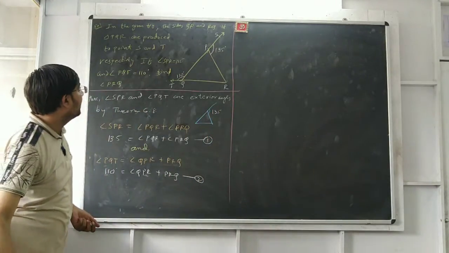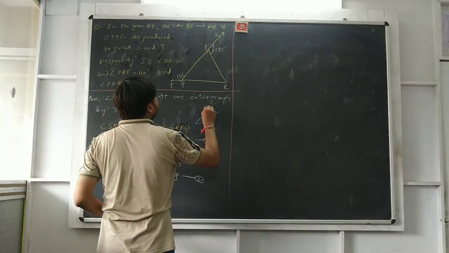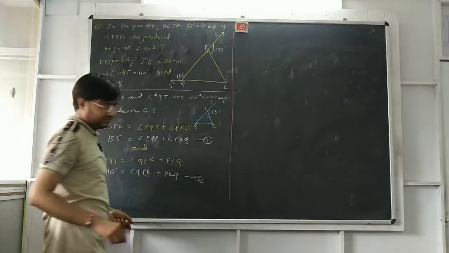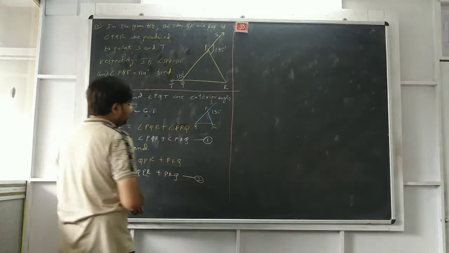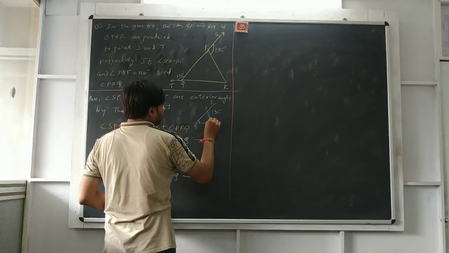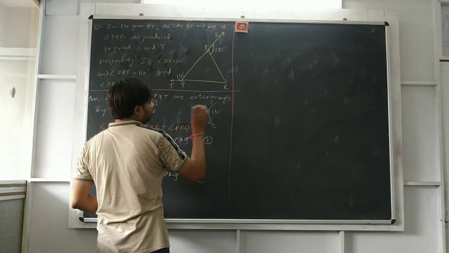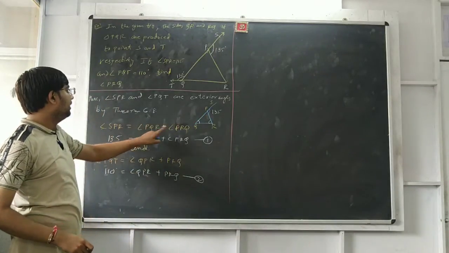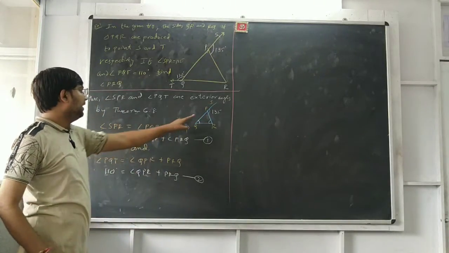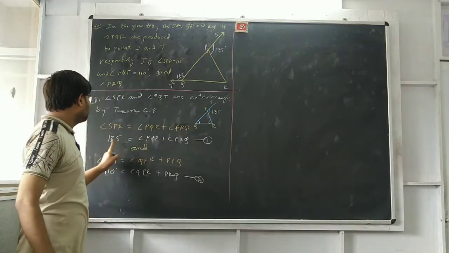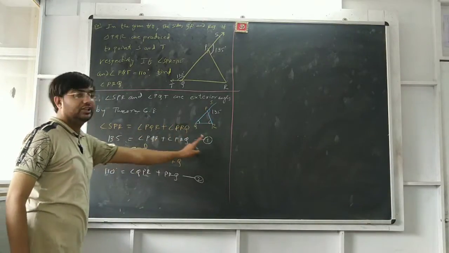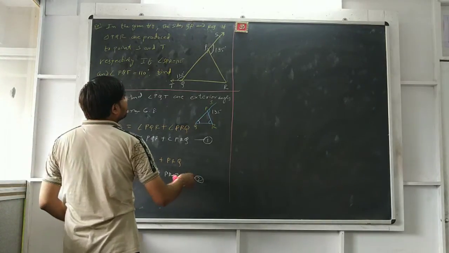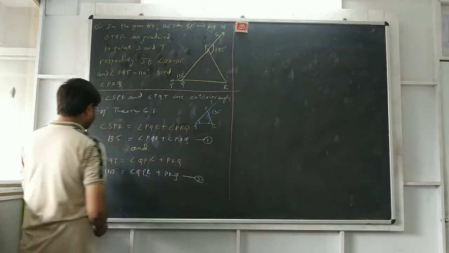I can write S here, P here, Q, and here R. So the total of this side and this side, both angles total, is 135. PQR and PRQ. So SPR is equal to PQR plus PRQ. But SPR is 135, equal to PQR plus PRQ. Equation number 1. Now I can draw it on this side, PQT.